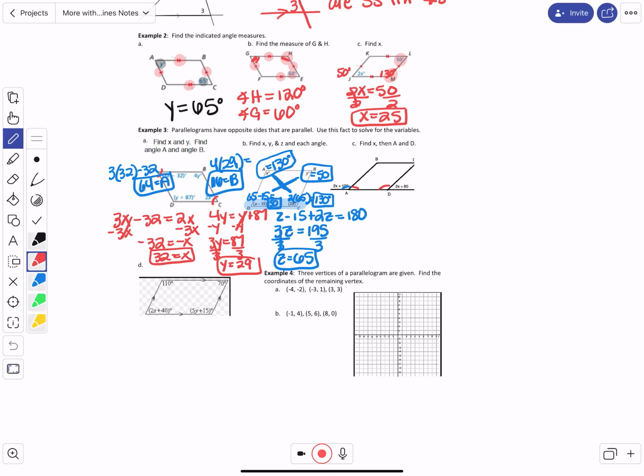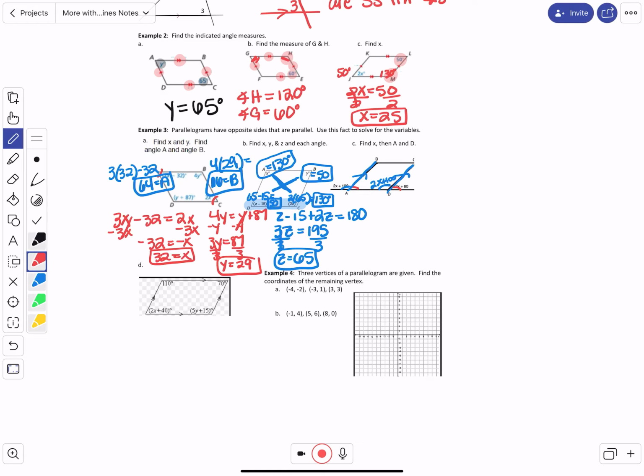I know that this angle and this angle are corresponding angles, because this is a parallelogram. These lines are parallel. So this angle is 2x plus 100. Those are corresponding angles, and these are corresponding angles. What I just marked in the red, those angles are corresponding angles.